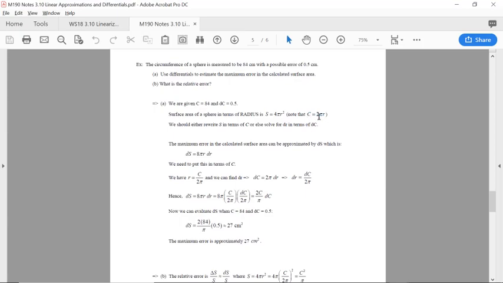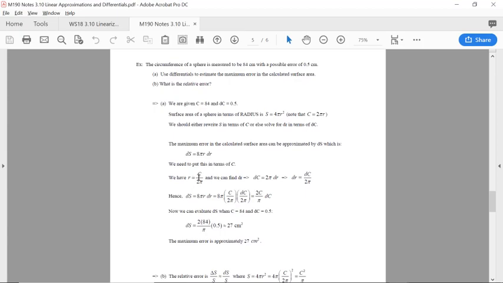The derivative of this is just 2 pi. So dC equals 2 pi times dr. And that means that dr is dC over 2 pi.